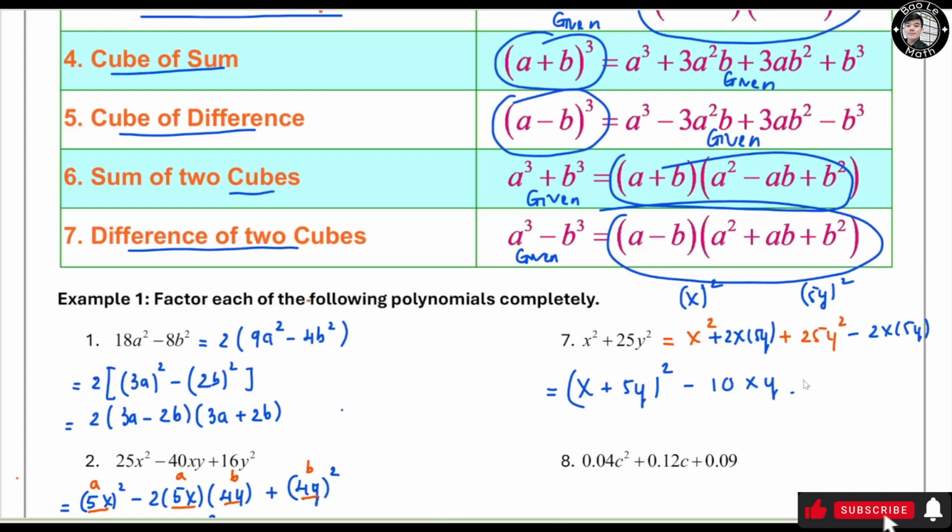Now 10xy can be written as square root of 10xy squared, right? So then I'm going to apply the difference of 2 squares, right? So it will be x plus 5y plus square root of 10xy, times x plus 5y minus square root of 10xy.